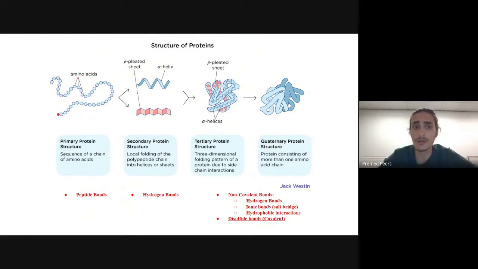Then we have a secondary structure, which is the local folding of the polypeptide using the skeleton of the amino acids. Then we have a tertiary protein structure. This is really important. This is due to side chain interaction, not due to the skeleton interaction. Think about it as the protein folding, right?